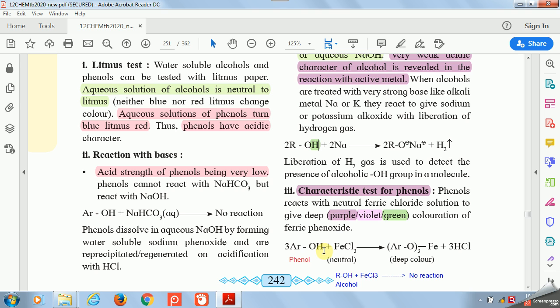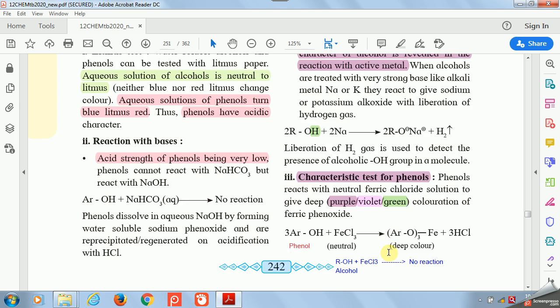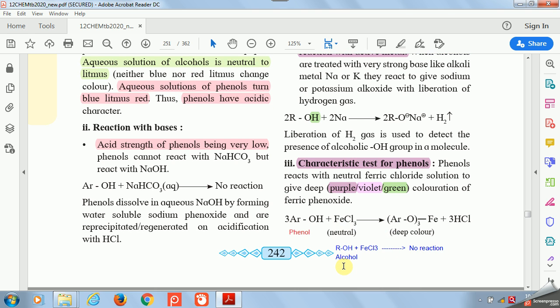So it is in general the phenol class. It may be phenol, it may be naphthol, it may be anthracene derivative. So a specific color is not mentioned. Plus HCl is obtained. So if you take phenol, meaning C6H5OH, and react it with neutral FeCl3, it shows violet color. But if you write the reaction of alcohol with neutral FeCl3, it does not react.